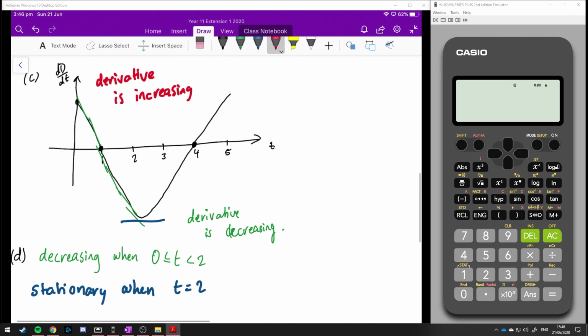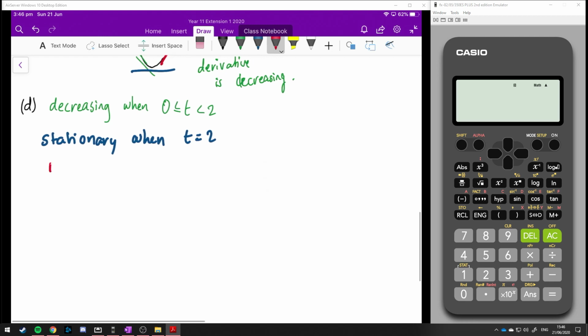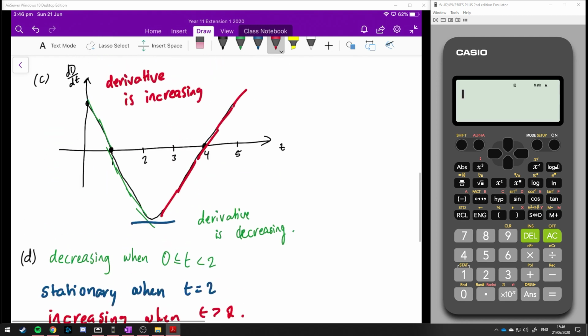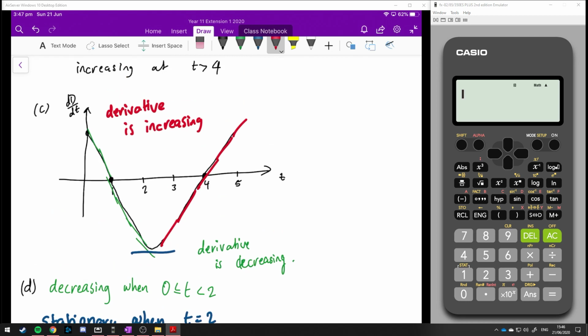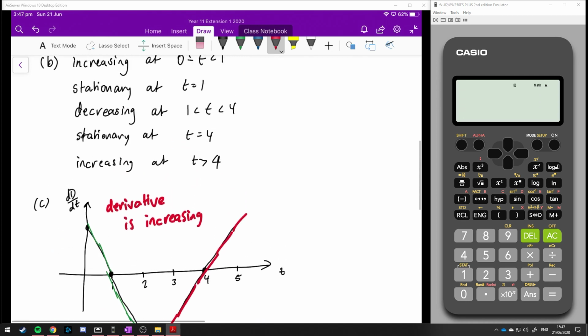And after the 2, you can see that it's all increasing. So my function is increasing when t is greater than 2, for every single value of that. So the whole derivative function is increasing from that point there.